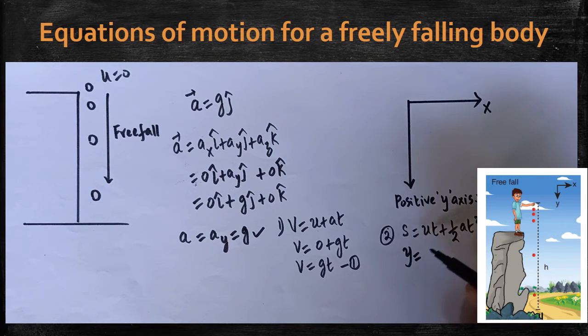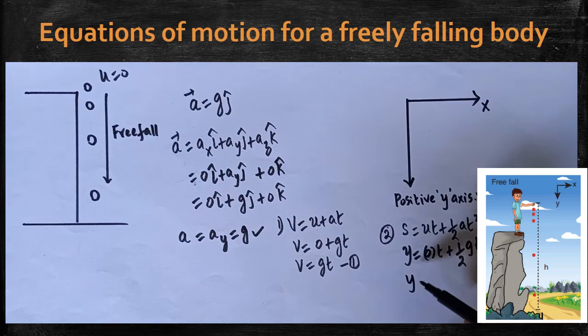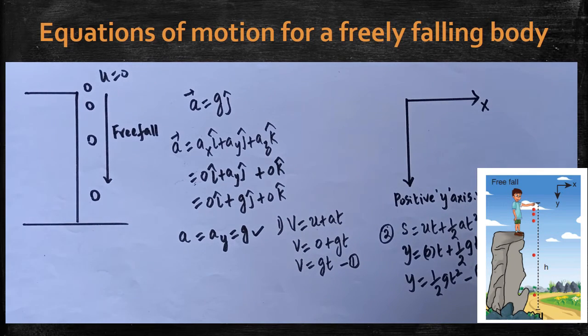Initial velocity is 0, plus half, and instead of a, substitute g. Finally you arrive at y is equal to half gt square. This is the second equation of motion for the free falling body.